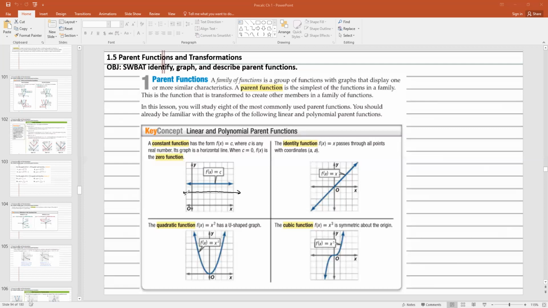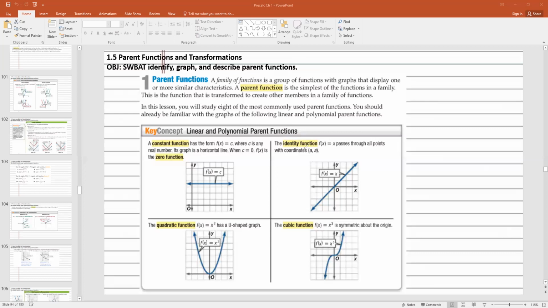It's just going to be a horizontal line at y equals 2. And that's it. That is the parent function for that. And now when c equals 0, f of x is the 0 function. So if c is 0, that's a flat line, and we have the 0 function.